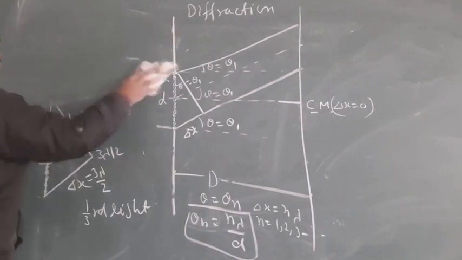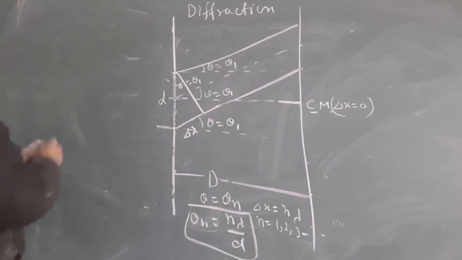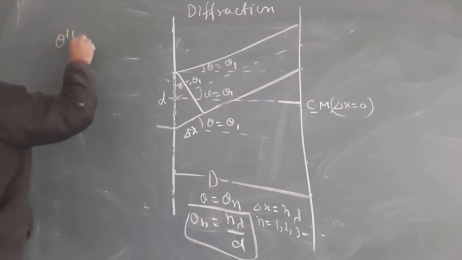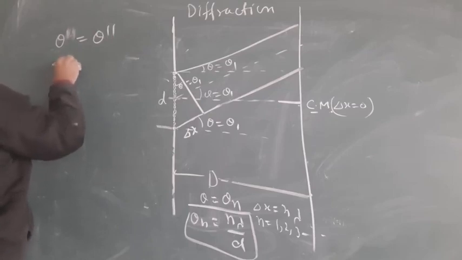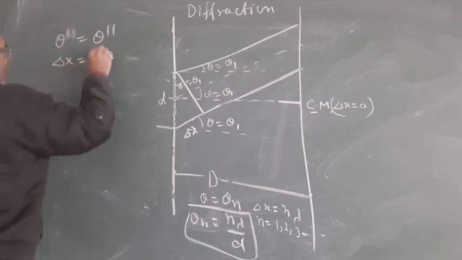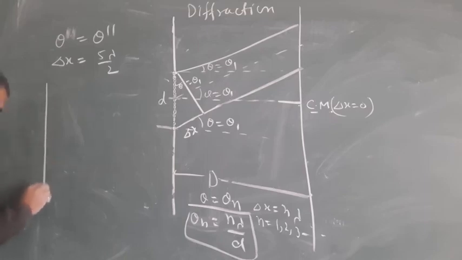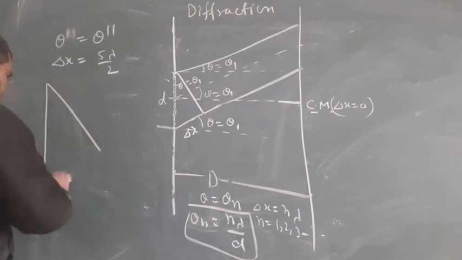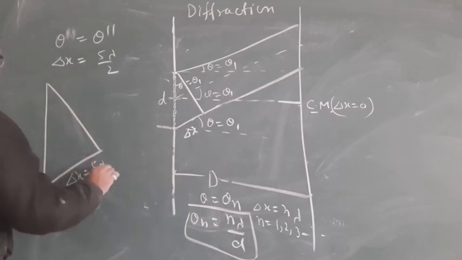Now for the second maxima, you can take theta equal to theta double dash, and the path difference between the first and last particle is 5 lambda by 2. So the slit can be divided into 5 equal parts of lambda by 2.